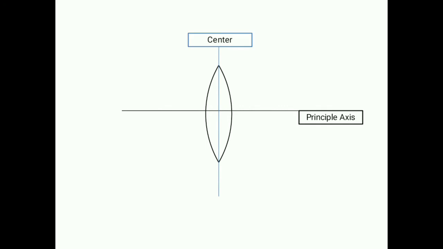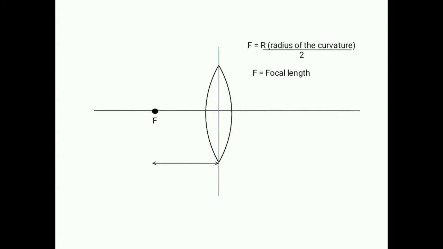Remember that the horizontal line drawn in the center of a convex lens, or we can assume that we have a concave lens also, is what we call the principal axis line. And also we have the center to identify the focal length, or the distance from point F to the center of the lens.